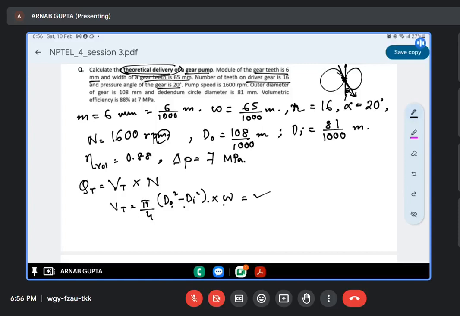Okay, so d outer is 0.108 square minus 0.081 square, divided by 4, multiplied by pi, again multiplied by width, that is 65 by 1000, 0.065.